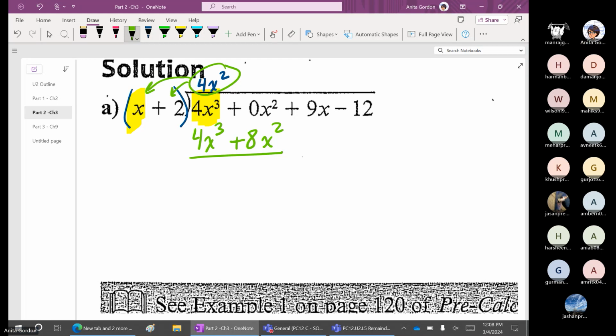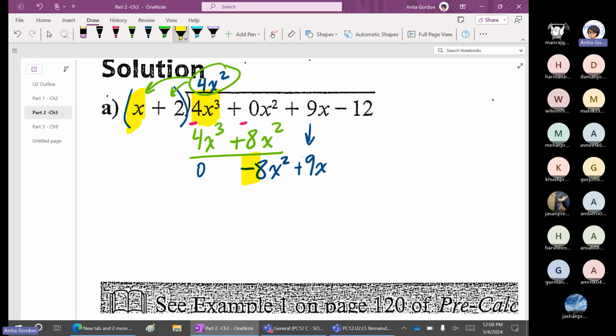Okay? Now we minus. Minus here, minus here. What would my next line look like? 4x cubed minus 4x cubed, that's 0. Done with that. 0 minus 8x squared gives me negative 8x squared. And I bring down the next term, plus 9x.